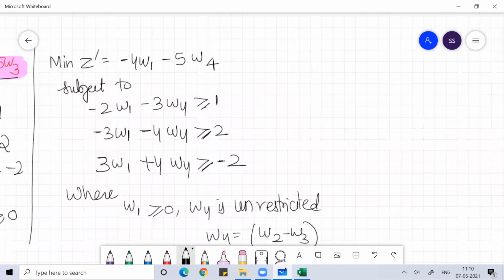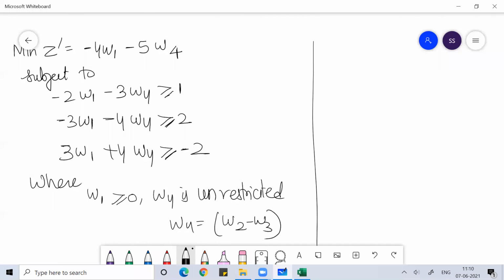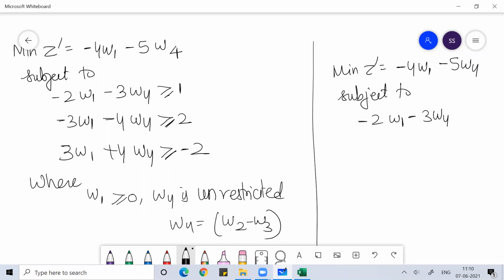Now again, I can simplify this further. Minima of Z dash is equal to minus 4W1 minus 5W4, subject to minus 2W1 minus 3W4 greater than or equal to 1. Then, guys, if you notice, this is minus 3W1 minus 4W4 greater than or equal to 2. The third equation has a minus sign on the RHS, so I can convert the inequality.